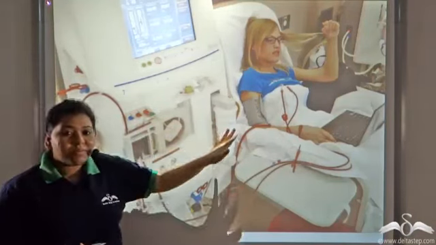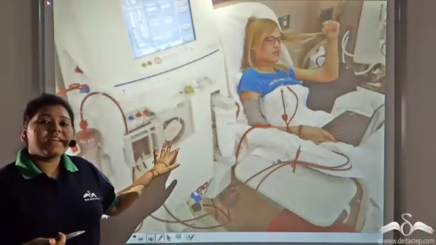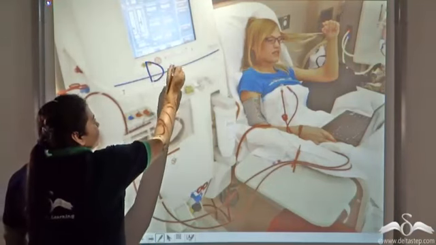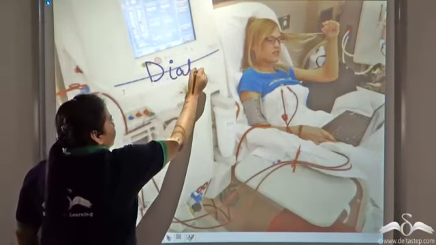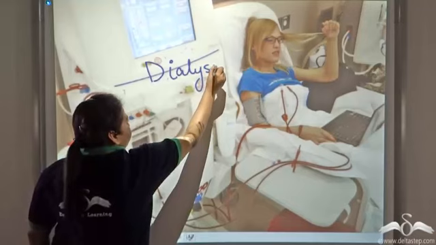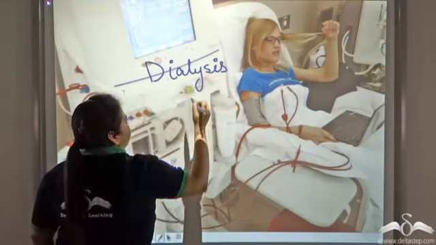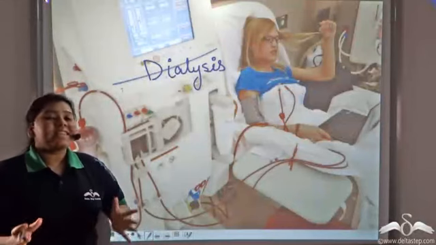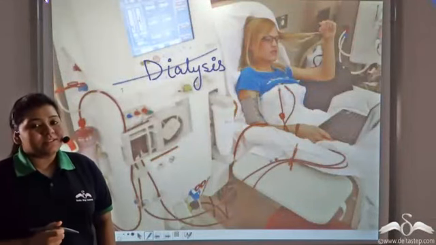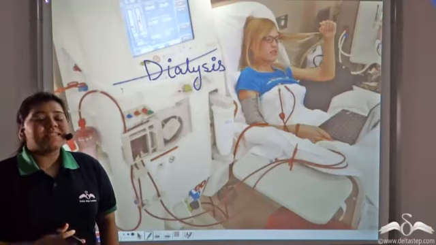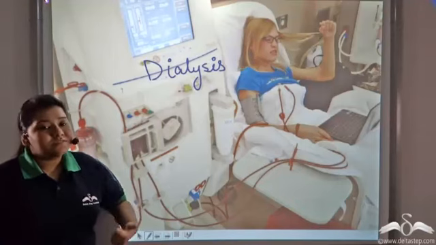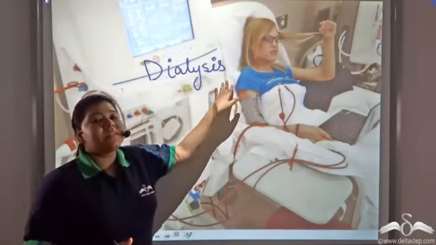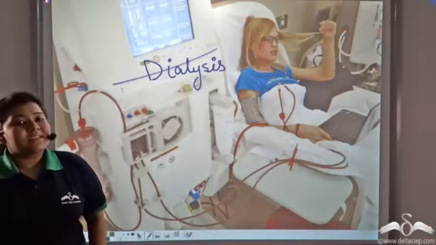And this entire process is known as dialysis. This is done for people whose kidneys have become malfunctional. So this process of filtering blood artificially is known as dialysis, and it needs to be done 2 to 3 times in a week.